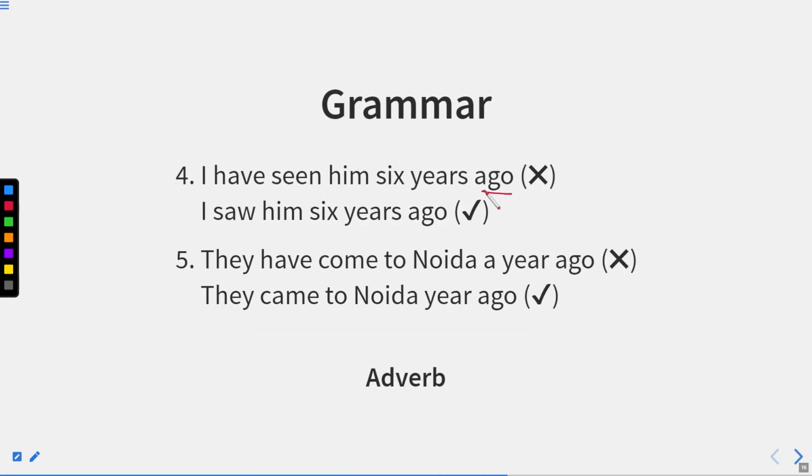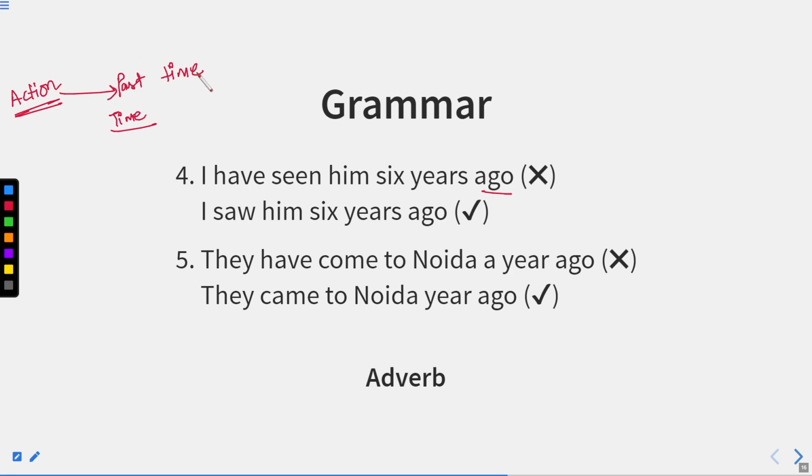Whenever we use ago, one thing we should always keep in mind: whenever we talk about any past time and we know the time of action. Suppose an action takes place, and we know well when this action took place, in some time of the past.